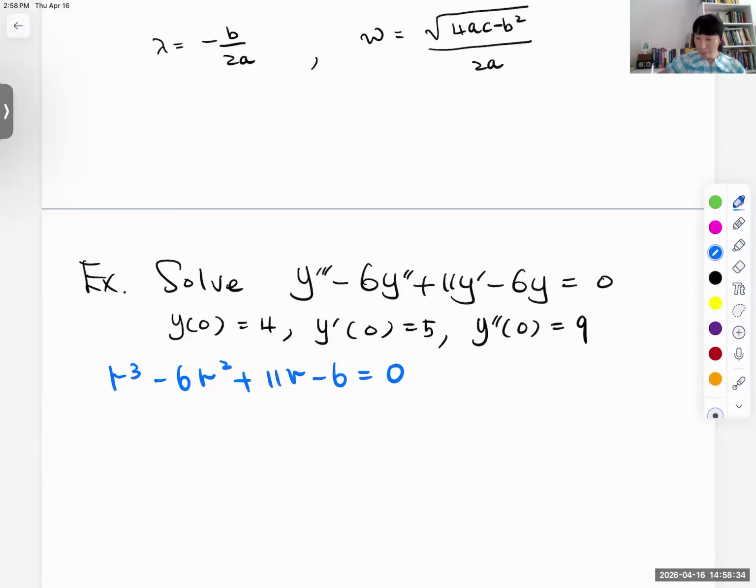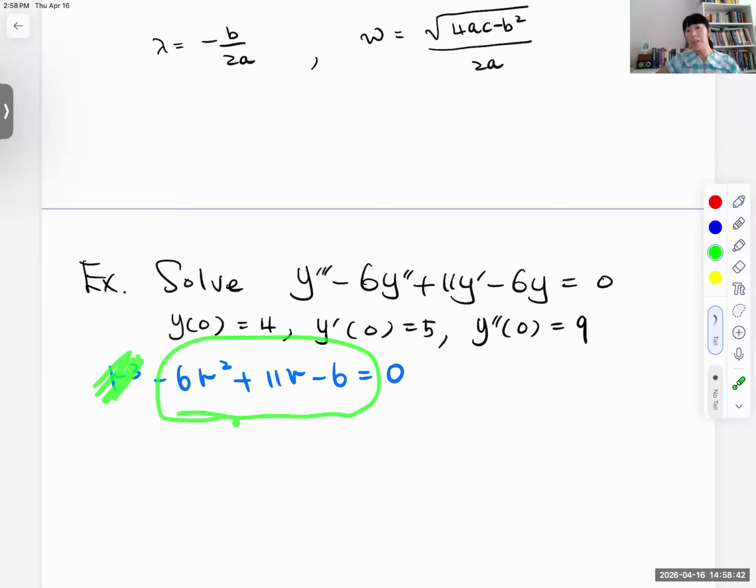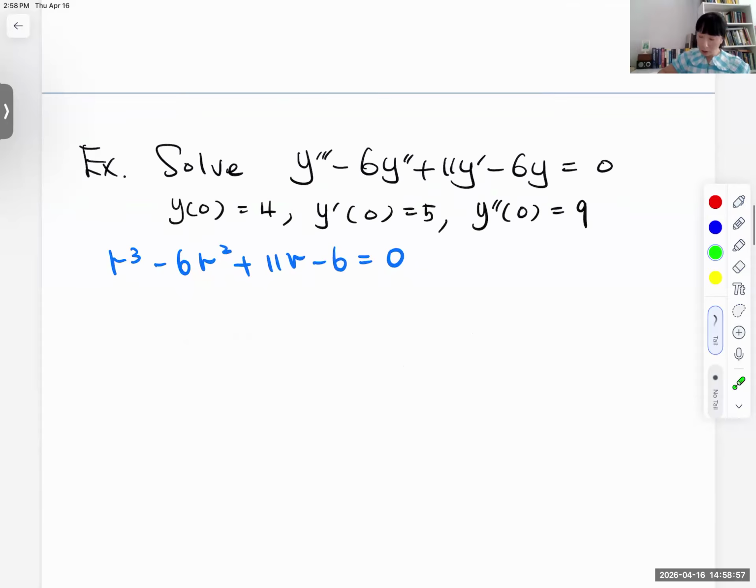Okay, before, if we don't have a third power, we can just factor or use the quadratic formula. In this case, since it's third degree, we can just use technology. We don't want to waste a lot of time finding roots. So here's a tip: use the Desmos graphing calculator.